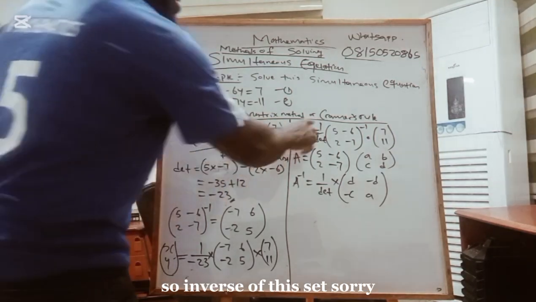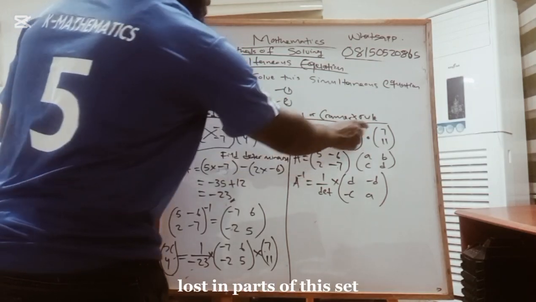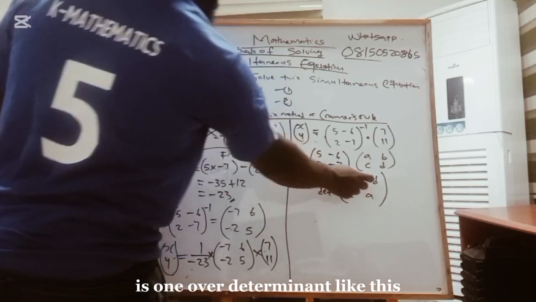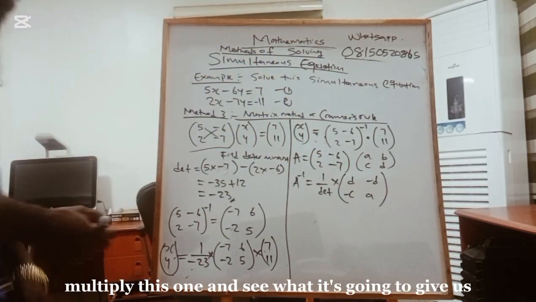So the inverse of this set is 1 over determinant times this. Let's now multiply this one and see what is going to give us.